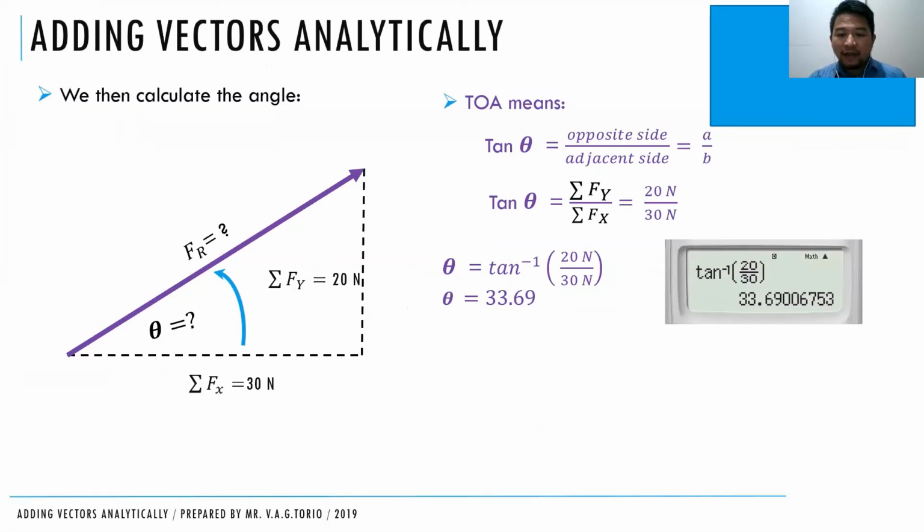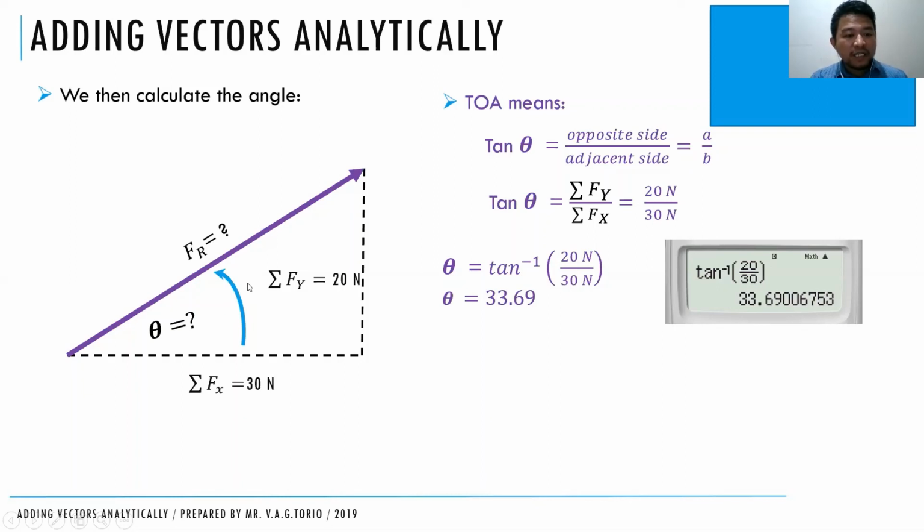So far we have the magnitude and the angle, and that already is our vector. But we can add the cardinal direction north of east, as illustrated by this arrow here, as another expression of the angle of the resultant vector that we're looking for.